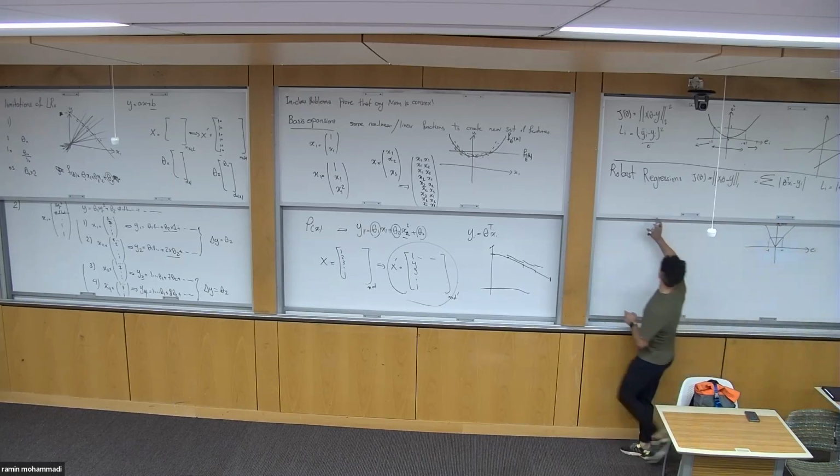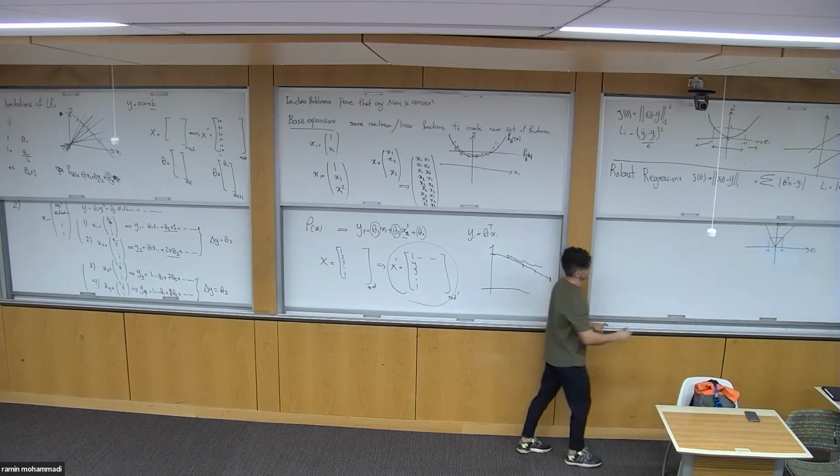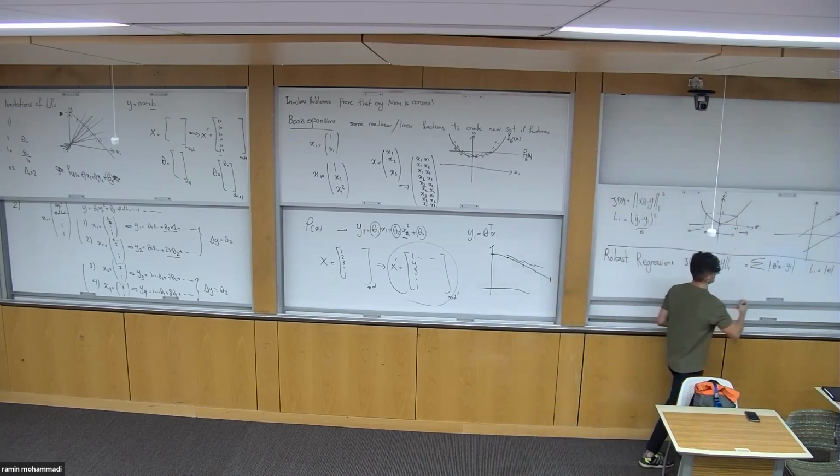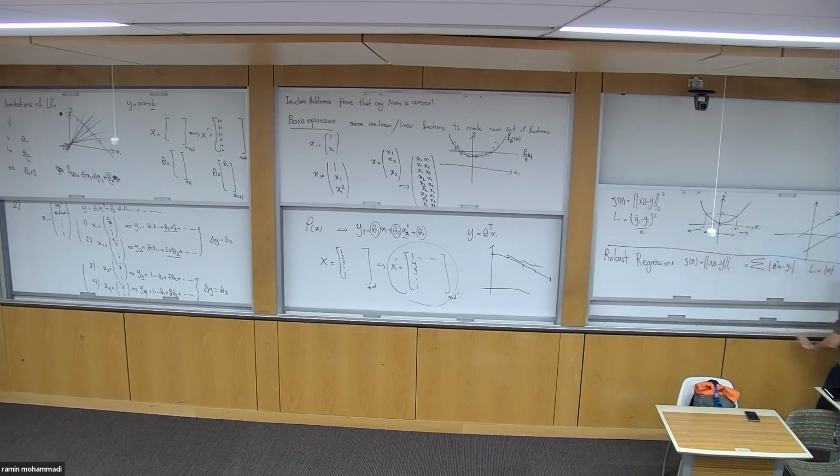So that means if I have the same line here and I have these outliers, the line that I get is still almost the same because it's not going to be that sensitive to the outliers. It will change the line by a bit, but only a small amount, because the line is more focused on the majority of the data points.